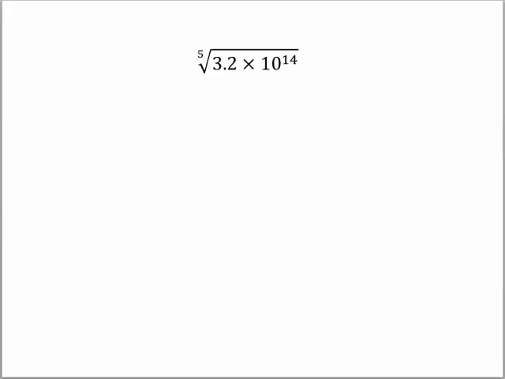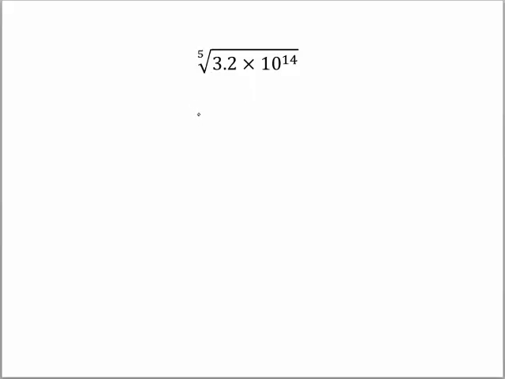Ready to continue? All right, we've got a little bit different way of writing things here. If you're familiar with scientific notation, it always has 1 place before the decimal and 10 to the 14th. All we're going to do is write this longhand and bring out how many 10s we can bring out.